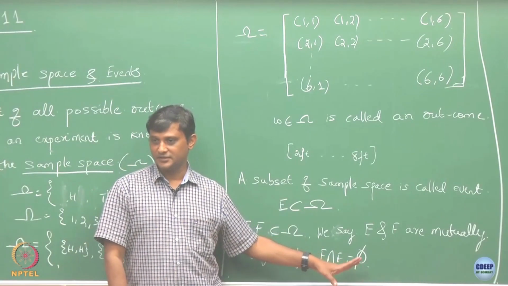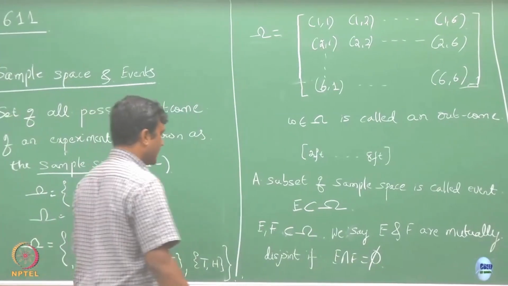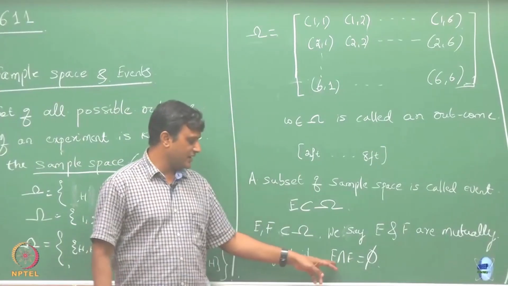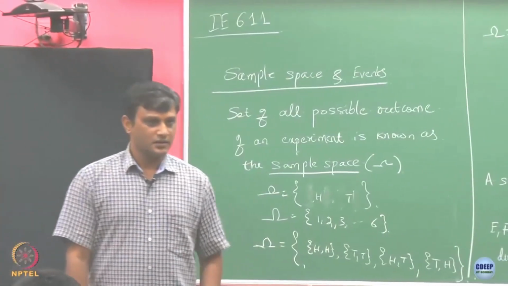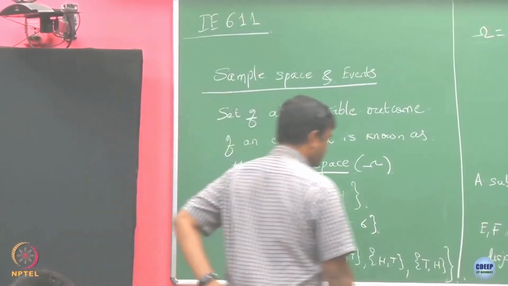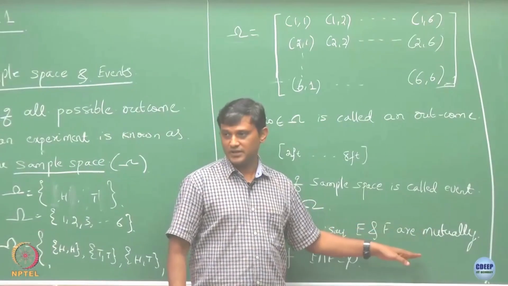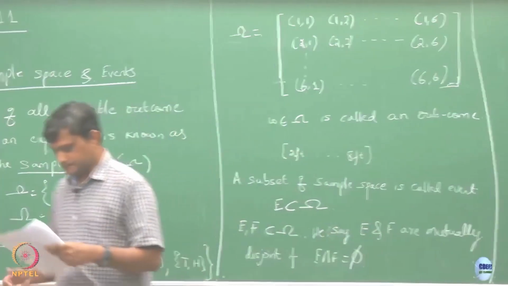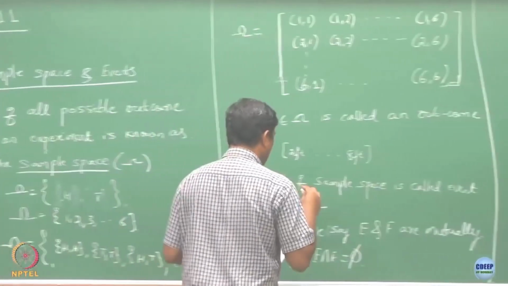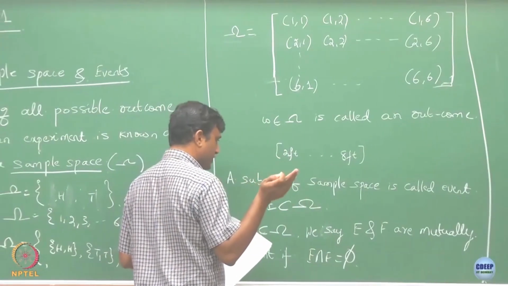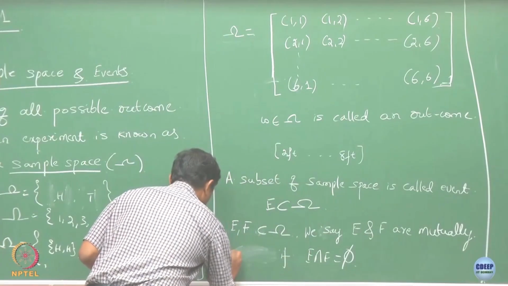What does null set mean? It does not have any element. So the interpretation of E intersection F equals null set is that they don't have any common element. When they don't have any common element, we call these 2 events mutually disjoint. For sets we call it mutually disjoint, but for events we call them mutually exclusive.